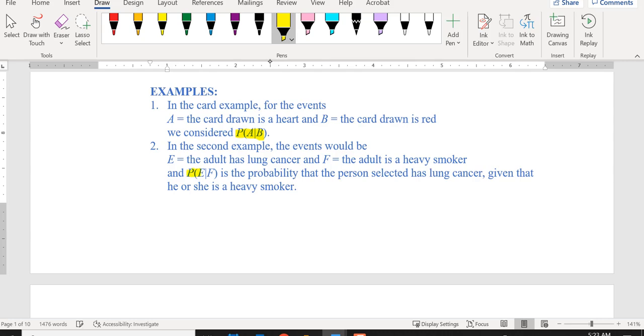The probability of E given F is the probability that the person selected has lung cancer, given that the person is a heavy smoker.